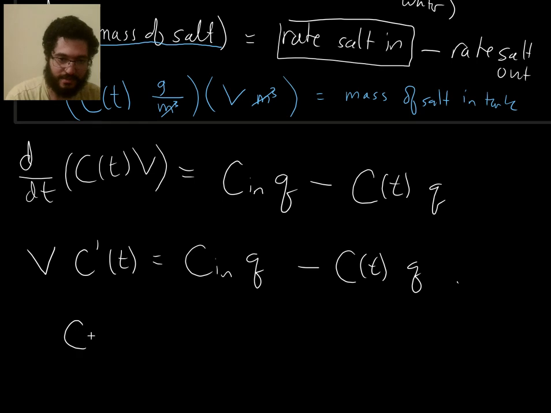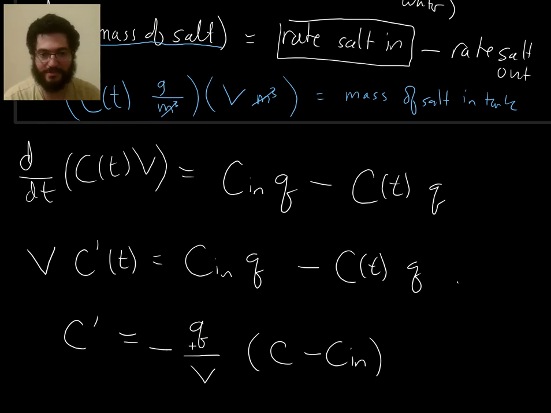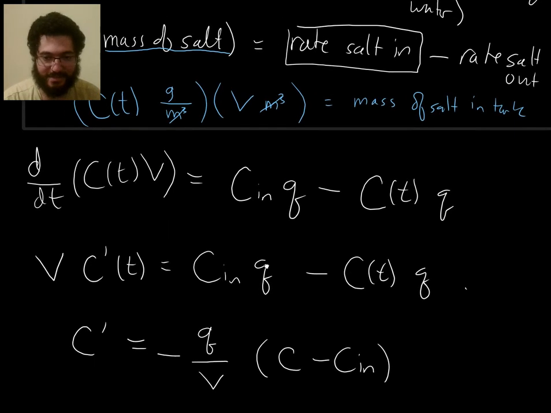If I write it like this, pull out the Q, divide both sides by V and stick a minus sign in front, then I've got C minus C in. Hopefully I didn't make an algebra mistake there, but it looks just like Newton's law of cooling, right? It's just, instead of temperature, it's this concentration. So you can use the same kind of techniques to solve this, actually.